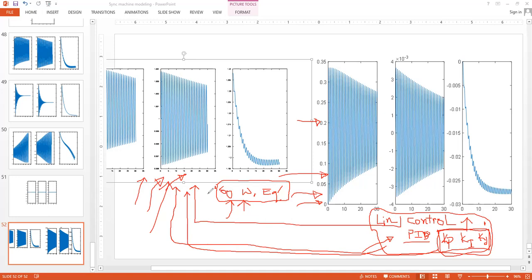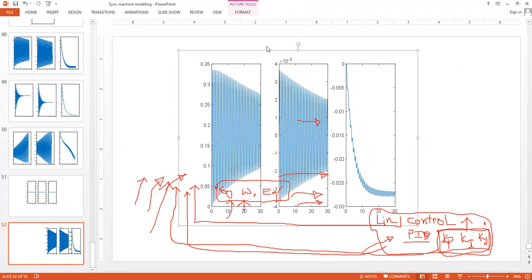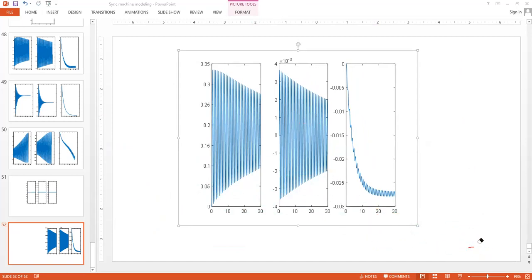We'll do it later on. So that is the control design part. So this is the response, and let's see everything else. Now, the next thing is, can you do it in Simulink?